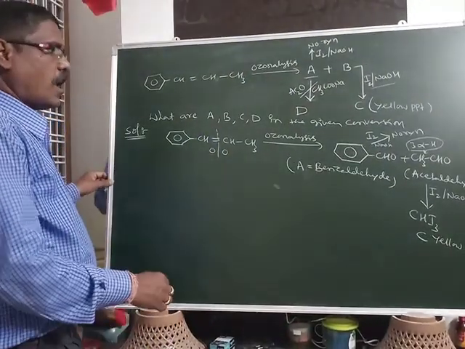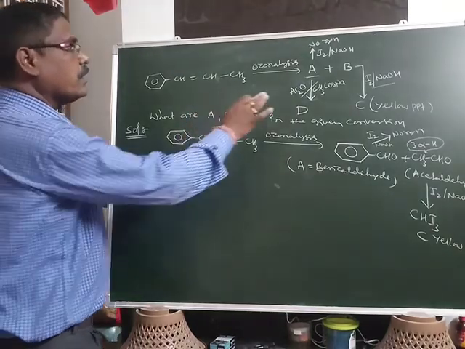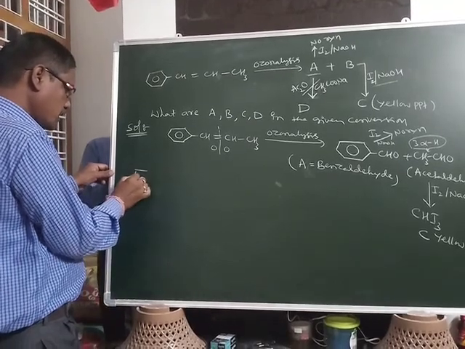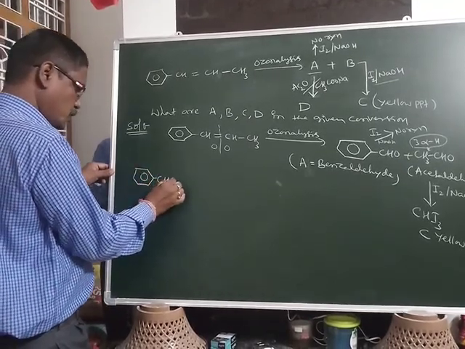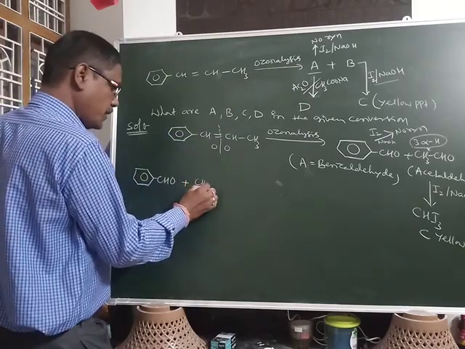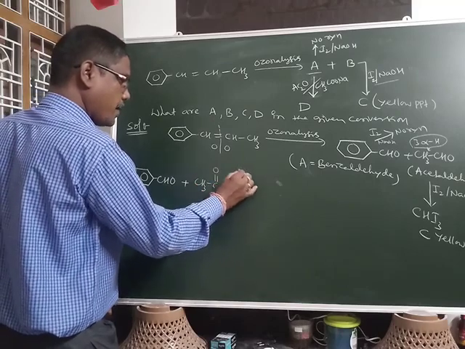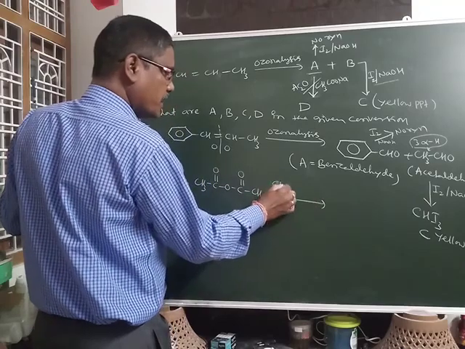Now after this one, D: A reacts with this one, CHO plus acetic anhydride in the presence of sodium acetate.